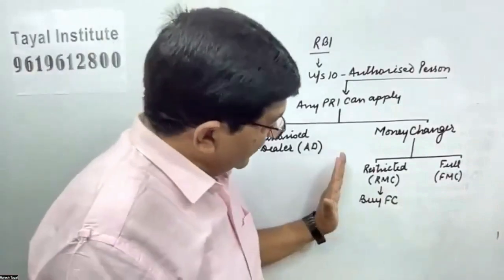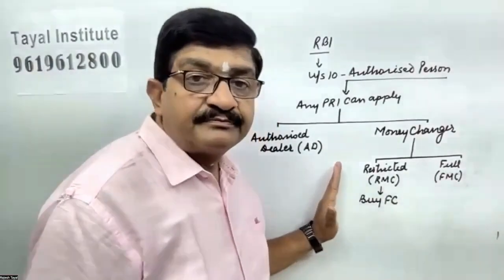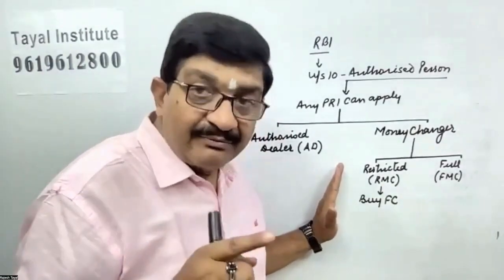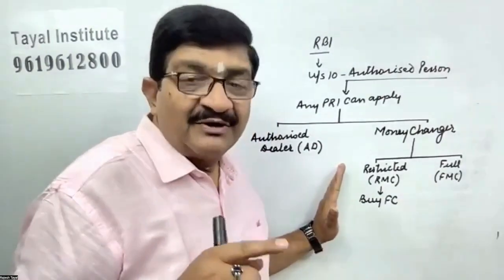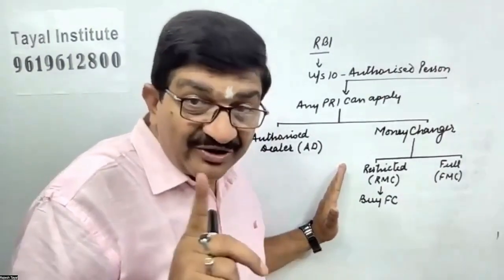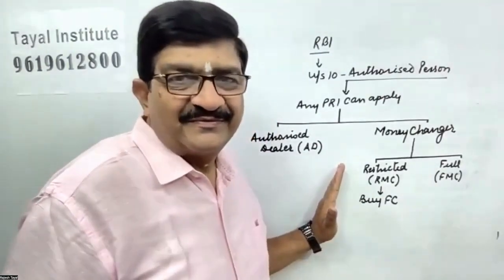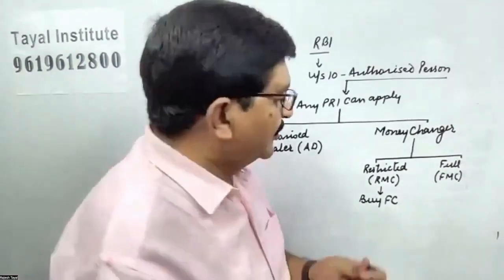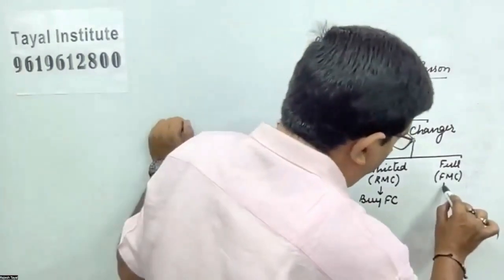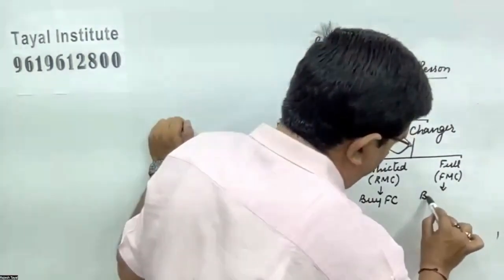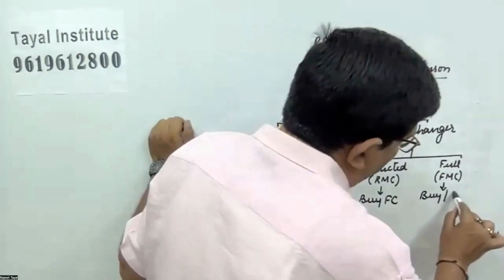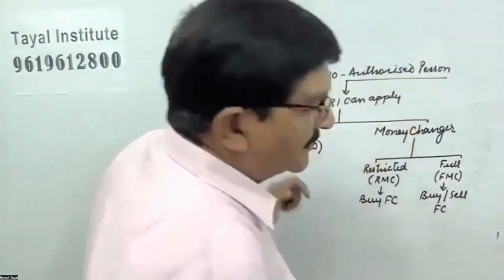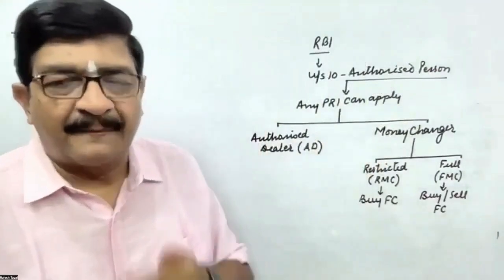Now see this. His role is limited to only buying. Buying what? Foreign currency, not foreign exchange. Foreign exchange is a big term. A full money changer can buy and sell foreign currency.